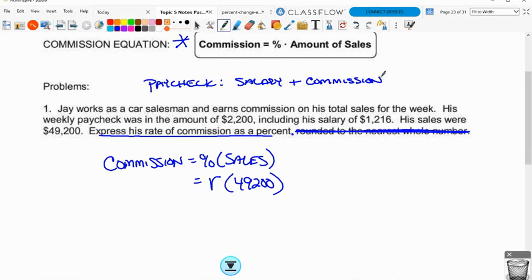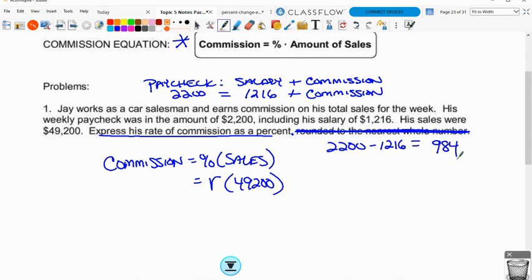So in this example, the paycheck amount was $2,200, and that was equal to his salary of $1,216 plus however much the commission was. So in order to get the amount of commission, you're going to have to subtract 1,216 from 2,200. 2,200 minus 1,216 leaves you with $984 for the amount of commission.